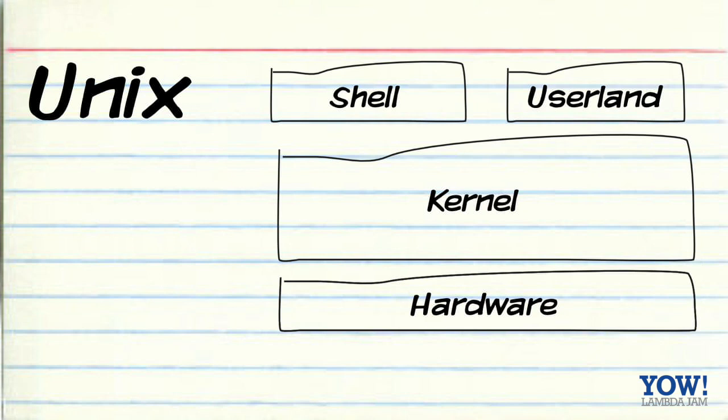Cool. So Unix has a fairly simple architecture that I'm going to dramatically simplify even more, just for the purpose of introducing things. But Unix, we have a Unix kernel, abstracts over our hardware, provides us a bunch of services to userland programs, so we can go and implement programs that can do all sorts of various things.